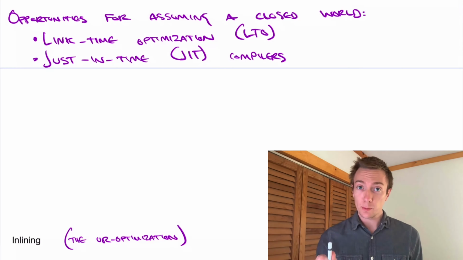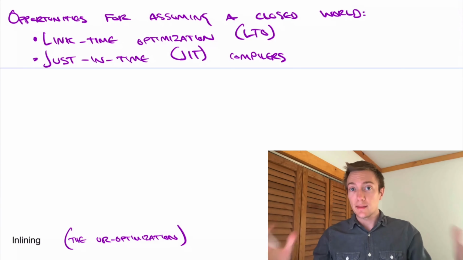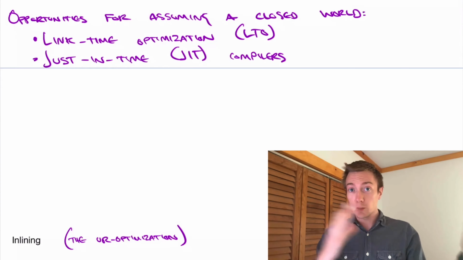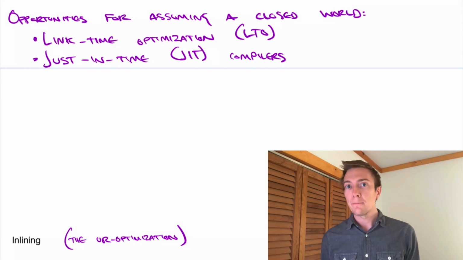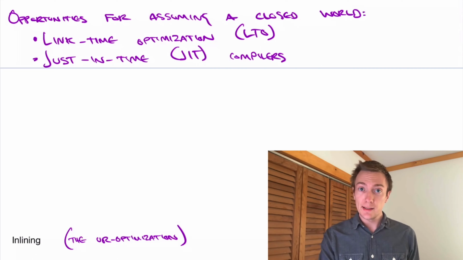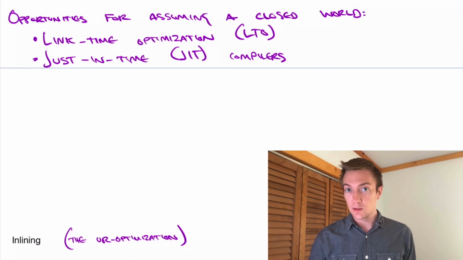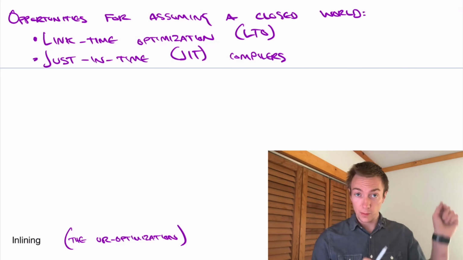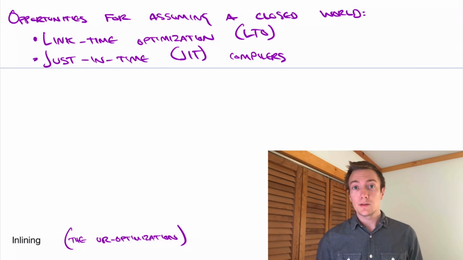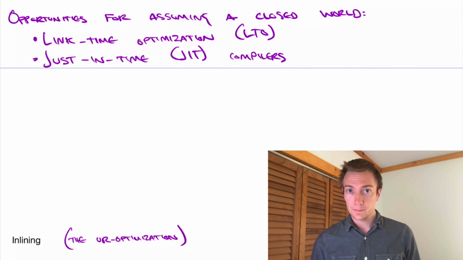That is, you can assume temporarily that you've seen all the code that's going to execute in the program for a while, and then if you run to a place where it needs to load more code, like loading another class file from disk for Java, for example, then you have to revisit the assumptions you made during the optimization, and then possibly recompile the program in the presence of the new code. In any case, you get to take advantage temporarily, from initially starting to loading new code, to do optimizations that would not be possible under an open world assumption.